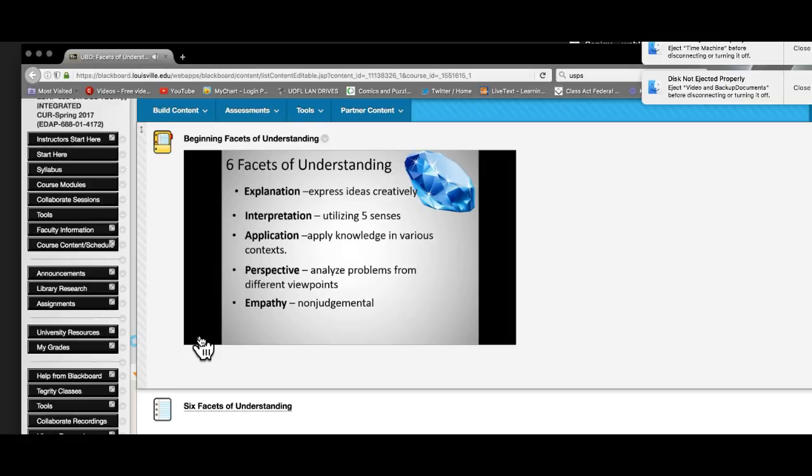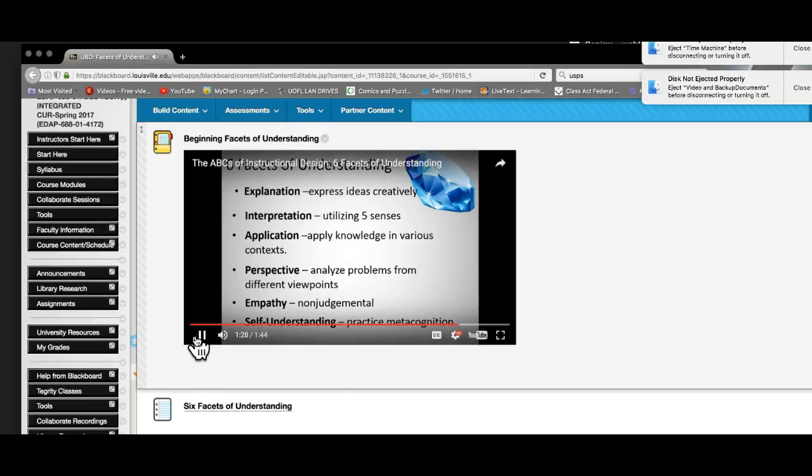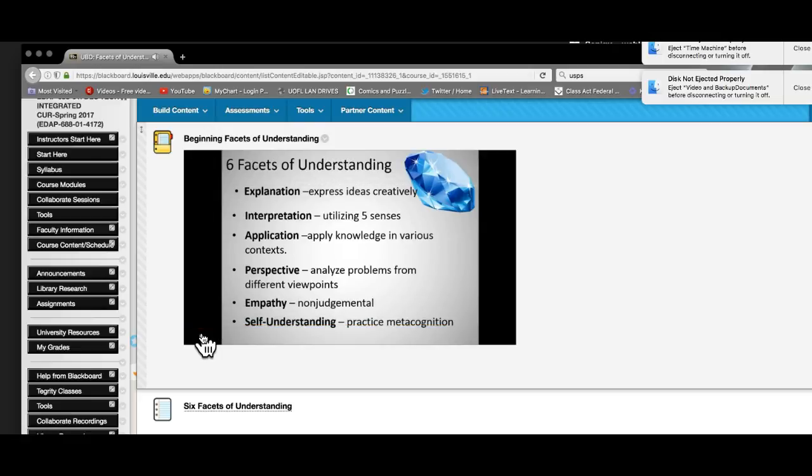Students will recognize that the impact of variables in a system may be positive for some, while at the same time negative for others. In other words, students will recognize that most things in life are not black or white, but various shades of gray. Ultimately, we would like for students to develop a habit of mind in which they practice self-understanding, purposefully thinking about how and what they think.